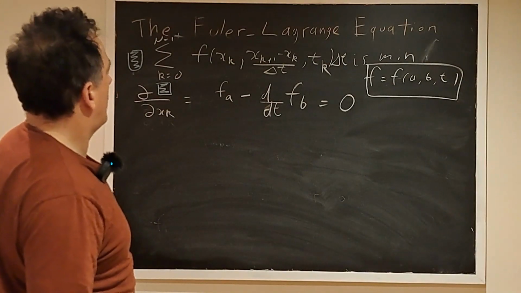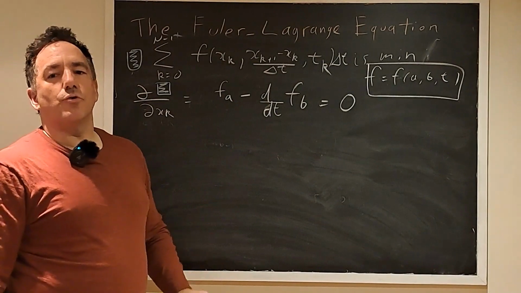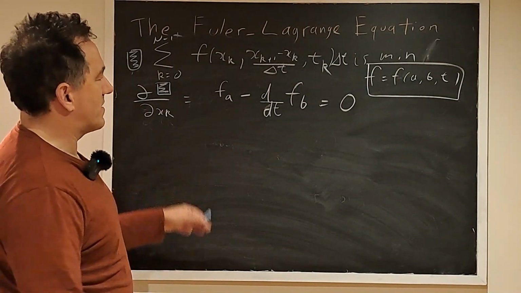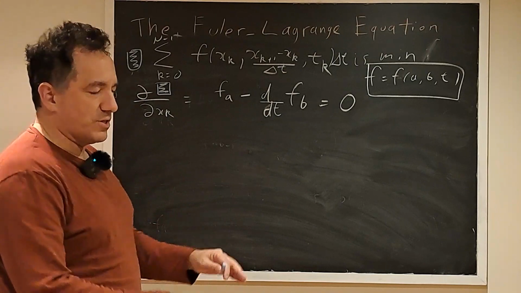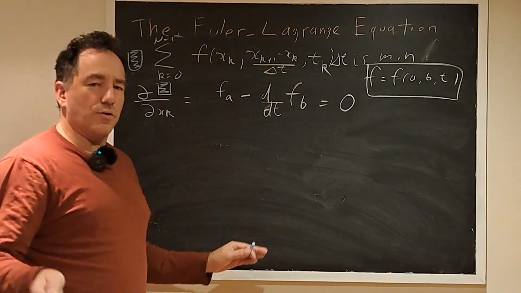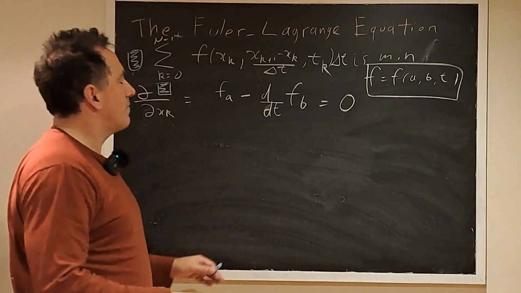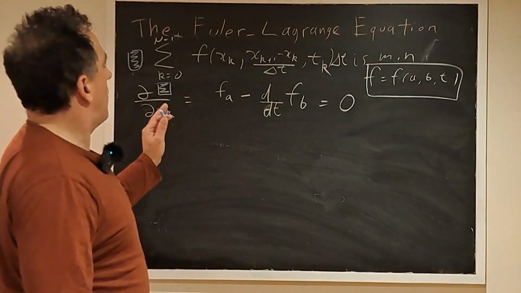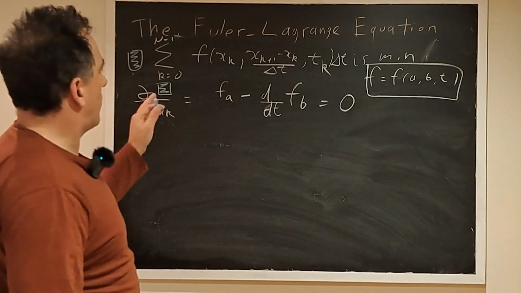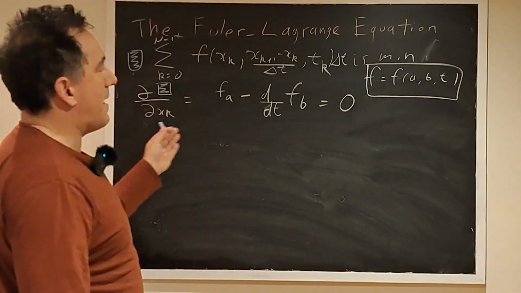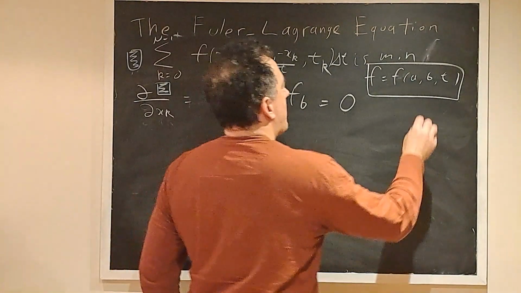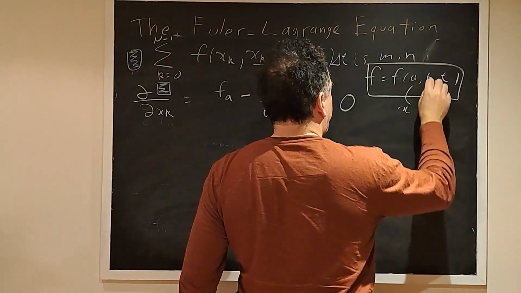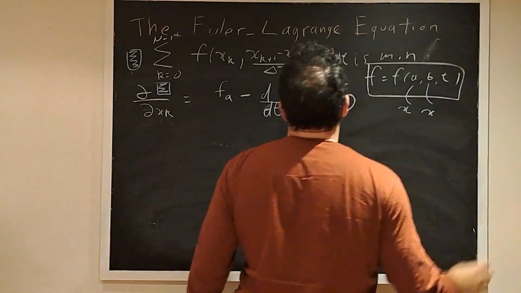Now, I kept a and b so as not to introduce any confusion, because it can be a bit confusing. So far we only did multivariable calculus, very standard things for functions of two variables, which are themselves functions of other variables. And what we need to do here to obtain the Euler-Lagrange equation is to get back to our original notation, in which a was in fact a position, b was a speed.